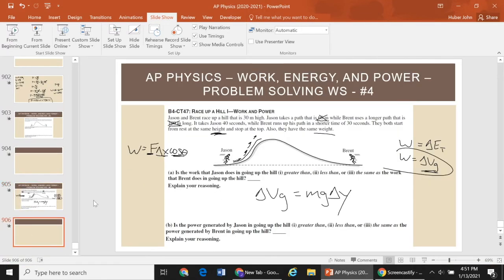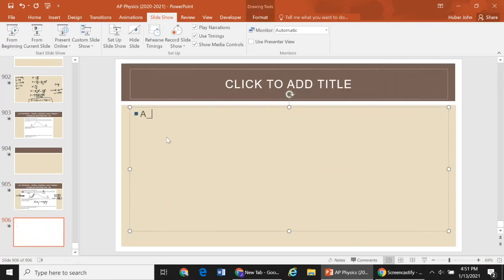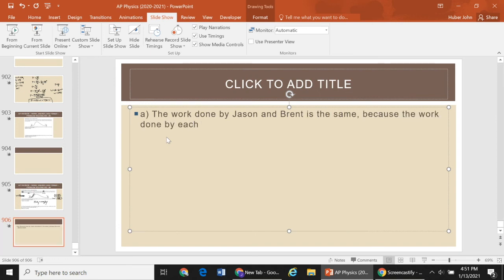And so we'll go ahead and we'll type for question A, at least the first thing we'll state is the answer. We'll say the work done by Jason and Brent is the same, because the work done by each, we'll just call them students, we'll say they're studious individuals, because the work done by each student is equal to the change in gravitational potential energy.